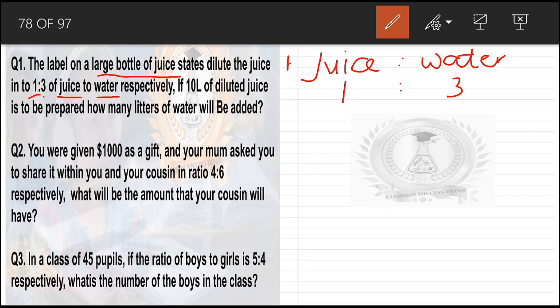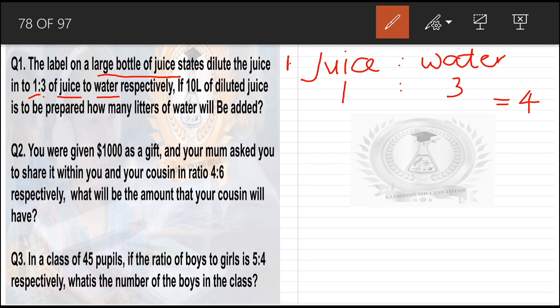So it means we want to prepare 10 liters. Now, what is the sum of the ratio? The sum of the ratio is 4. You can come up here and say equals 4, right? But the total content you want to prepare is what? Is 10 liters.